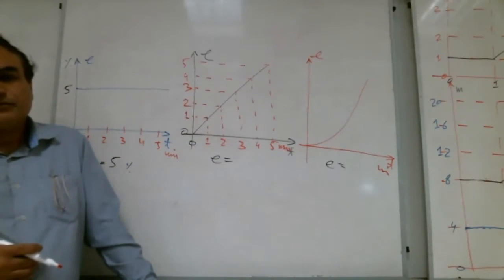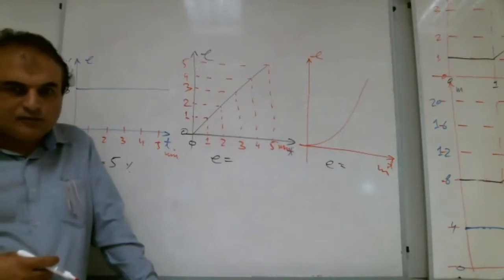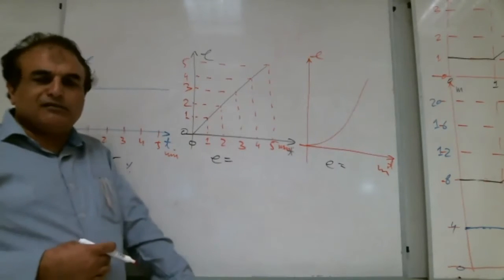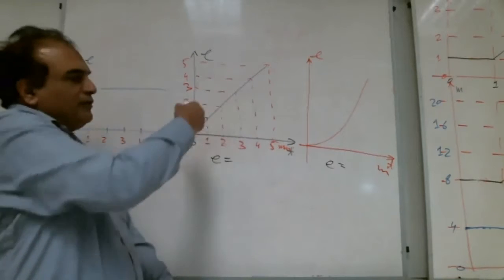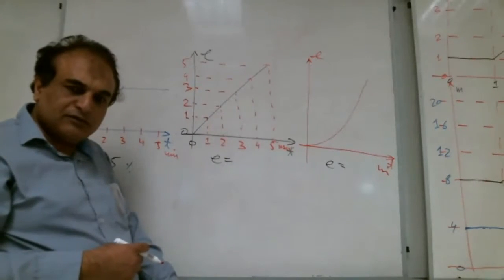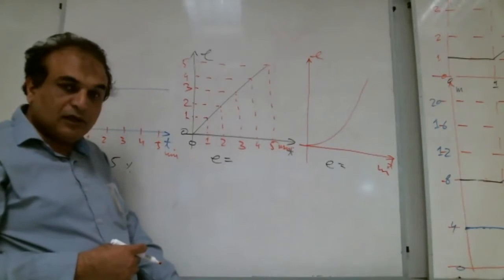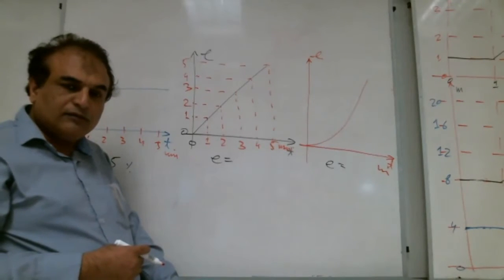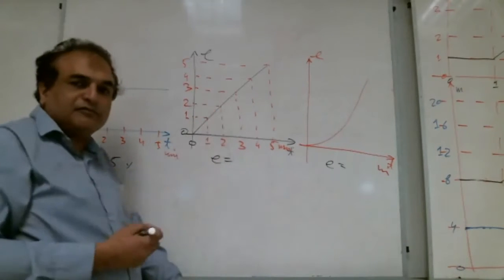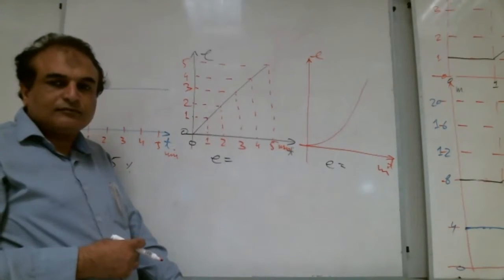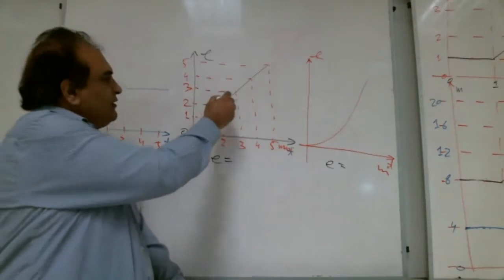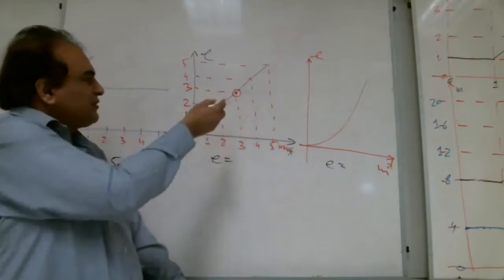No, not 0, not 1. It is changing with the time. Integration, for E. What is the error here? Take any 2 points. Take this point, take this point, and find the equation of the line.